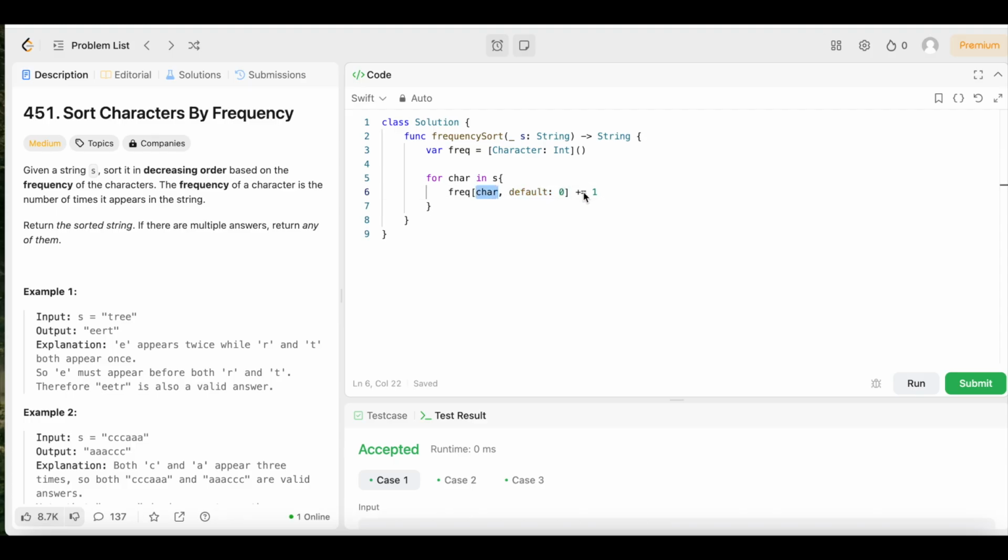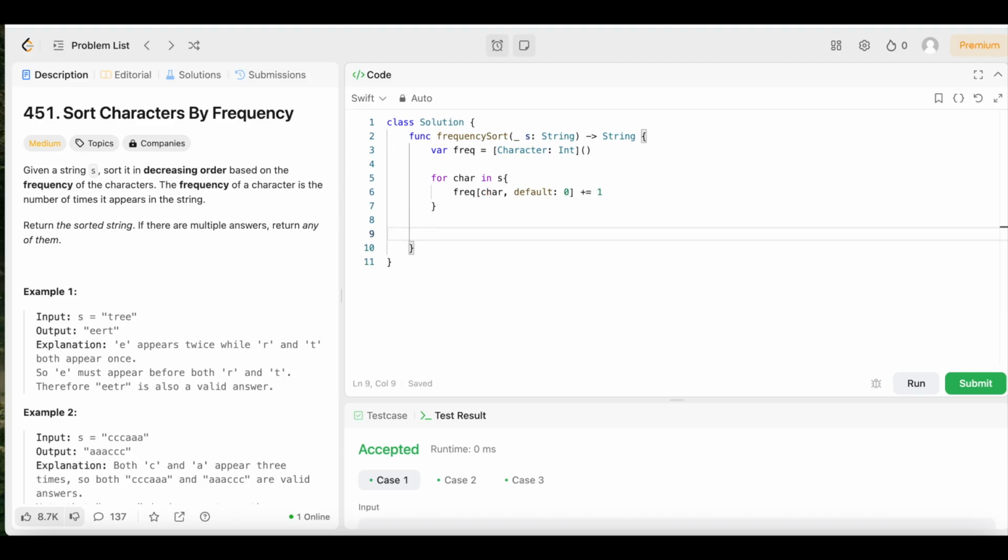Boom. Then after we have the count of each character, now we need to sort the characters. We're going to sort the characters based on their frequency in descending order. So for that, we are going to say let sortedChars equal s dot sorted. Boom.